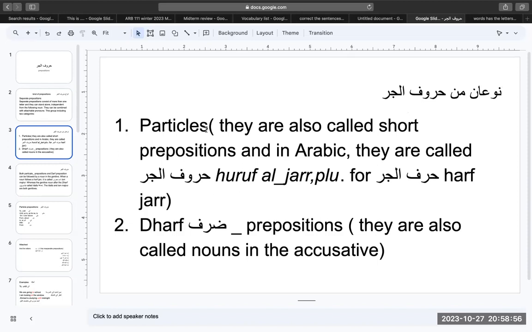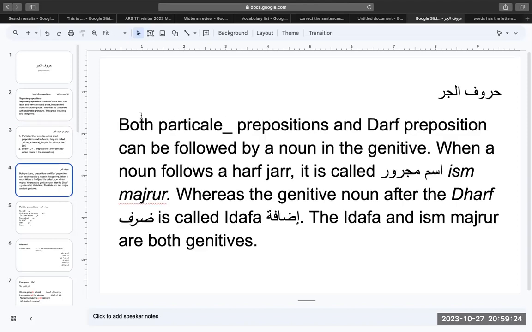Then the other group is ظرف. And the ظرف preposition is called noun in accusative. However, the ظرف is an adverb of place or adverb of time, which in Arabic we name ظرف مكان and ظرف زمان.